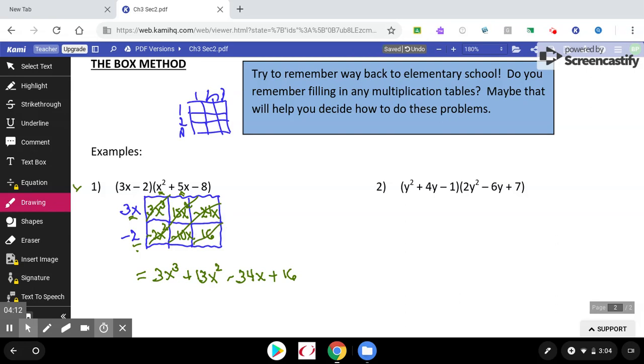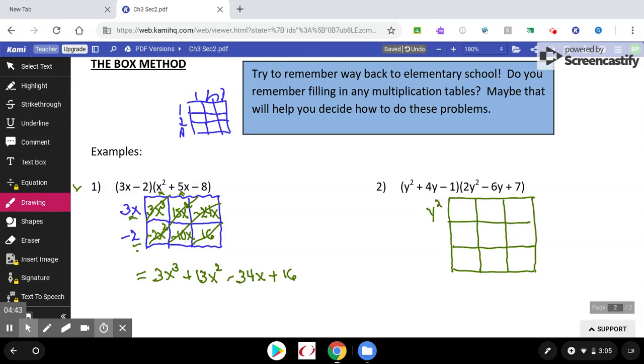So if that first box was 2 rows by 3 columns, and on number 2 I have a trinomial times a trinomial, I'm going to go with a box that's 3 rows and 3 columns. Feel free to make the box bigger than I'm making to give yourself lots of room to write in. Tough enough for me as it is with this pen.